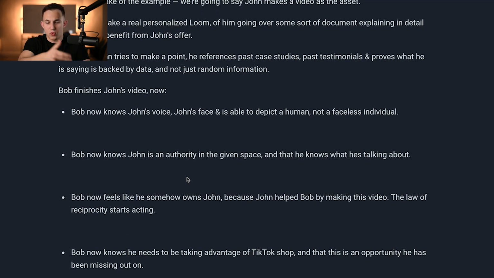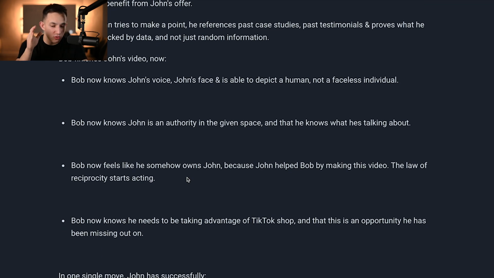Because John went out of his way to help Bob by making the video, and the law of reciprocity says that when you help someone, they're going to feel, I guess, in debt to you almost to help you back, okay? And that's the third thing. And the fourth thing, Bob now knows that he needs to be taking advantage of the TikTok shop, and this is an opportunity that he's been missing out on, okay?